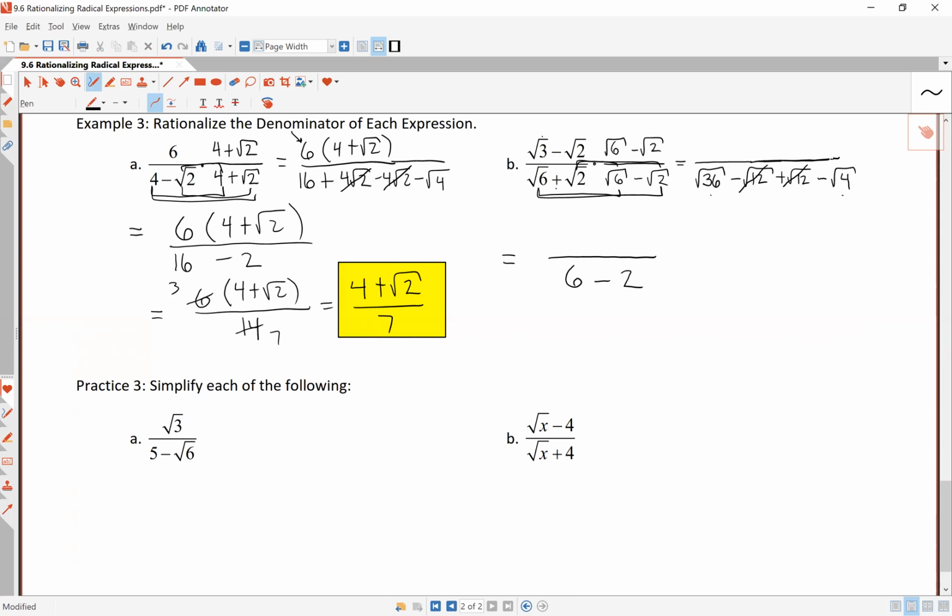In the numerator, square root of 3 times square root of 6 is square root of 18. Square root of 3 times square root of 2 is square root of 6. Square root of 2 times square root of 6 is square root of 12. And minus root 2 times minus root 2 is positive root 4.